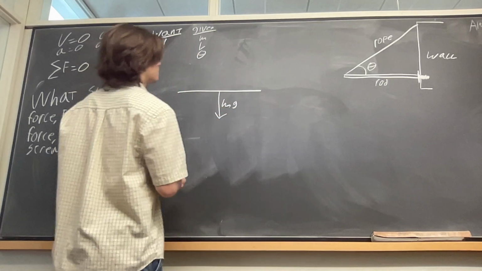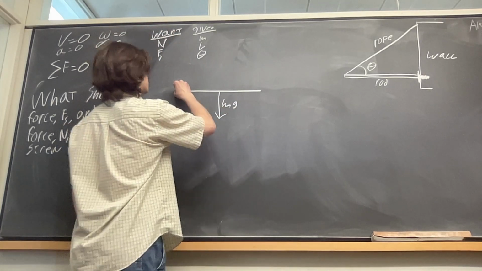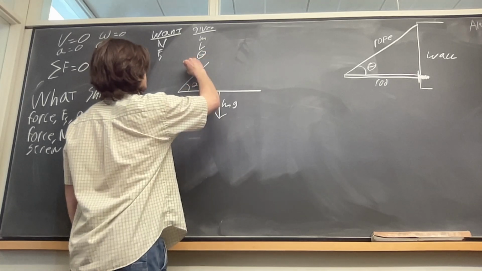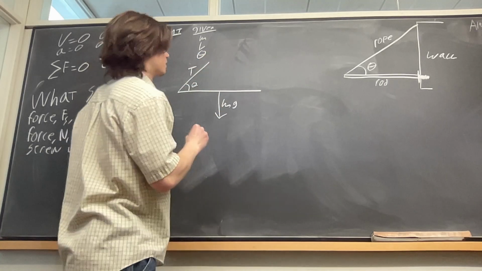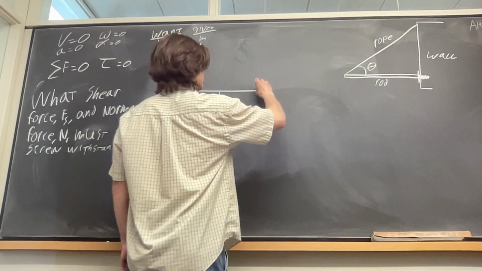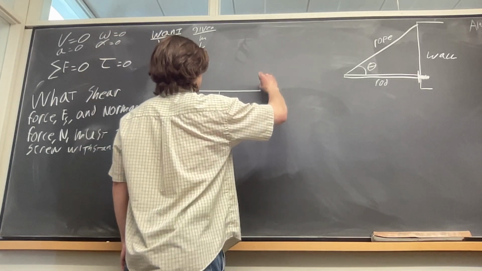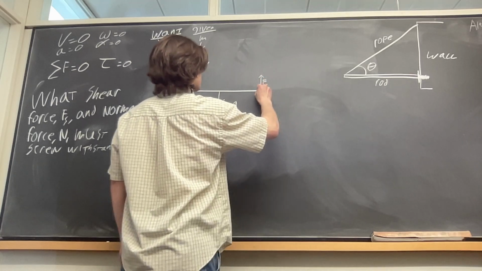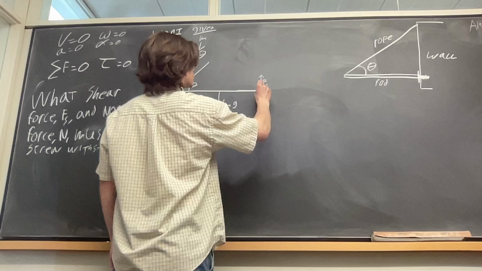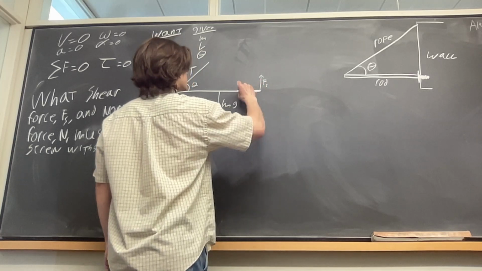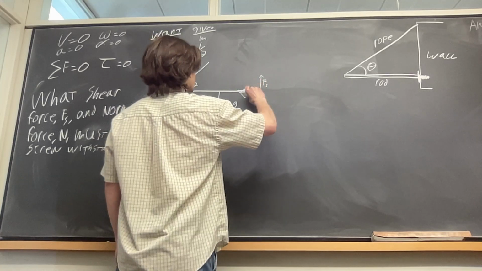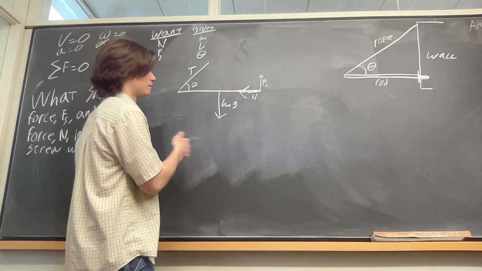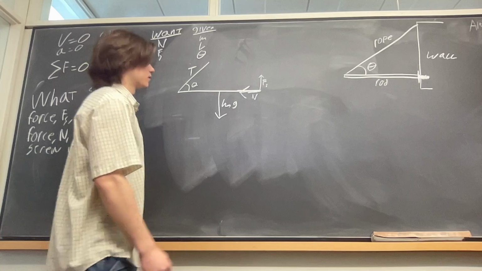That's just the force of gravity, and then there's also the tension from the rope, which is acting over theta, and then for the screw, shear force runs parallel to the wall, so that's shear force, and then we have a normal force, kind of hard to see. We have a normal force coming towards the rod, out from the wall into the rod.